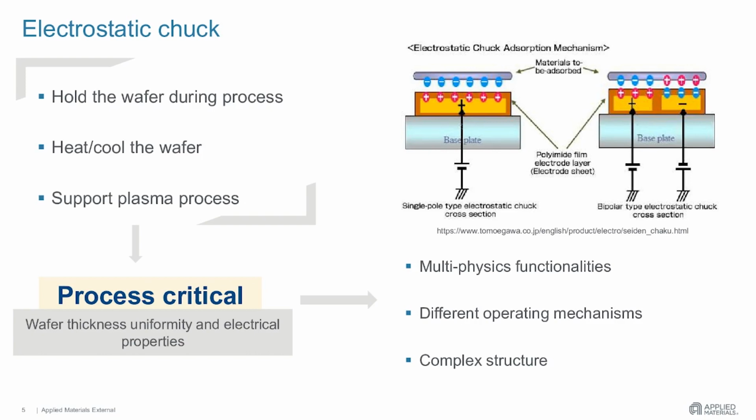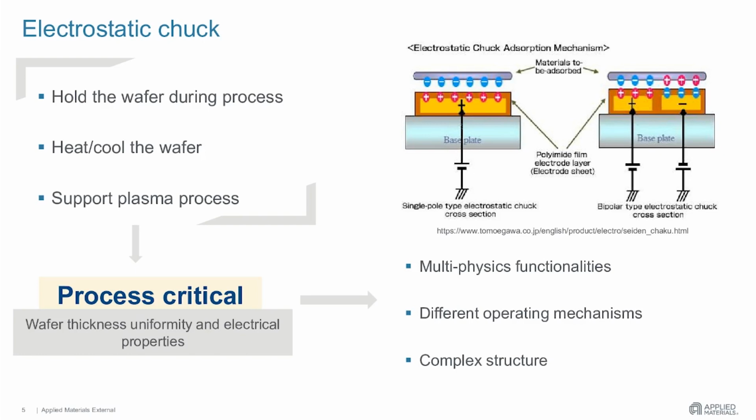And more often, these chucks offer support to plasma processes. Either they couple with the plasma process directly, or they just have to see through the plasma process. So this is a very critical component, very close to the process, and directly impacts the performance of the wafer.